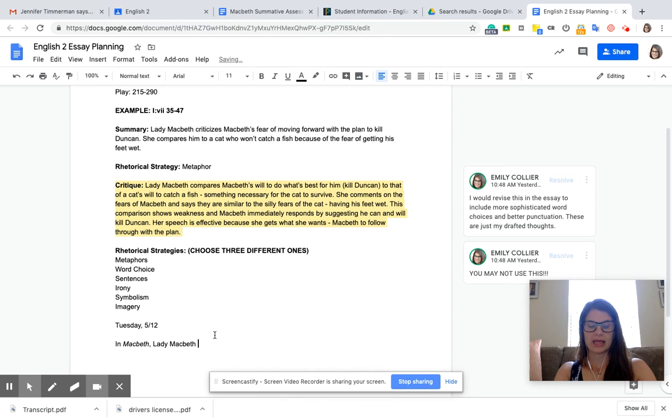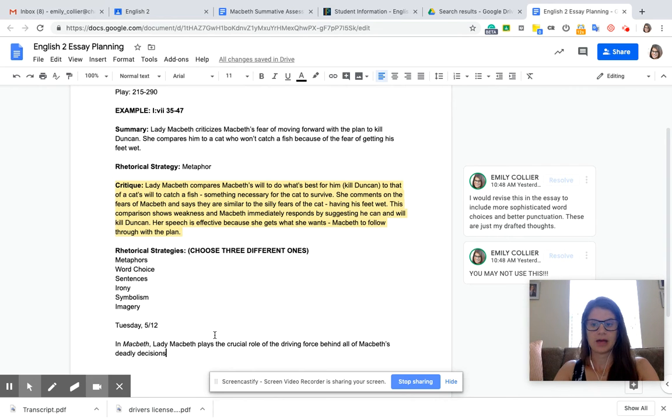Lady Macbeth plays the crucial role of the driving force behind all of Macbeth's deadly decisions, right? Because he kills a lot of people, or ultimately it leads to a lot of people's death, and his own death. Semicolon, because it's still one sentence, but I'm ending an independent clause here.